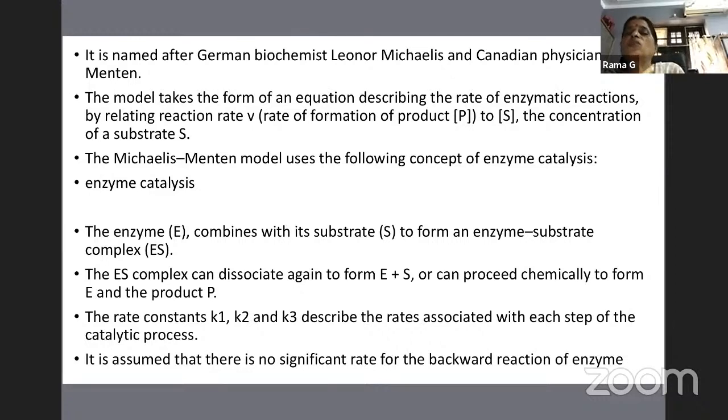Then the rate constants K1, K2, K3 describe the rates associated with each step of the catalytic process. During this process, the substrate molecules and the enzyme with active sites proceed to form an intermediate temporary state, that is the enzyme substrate complex, and meanwhile chemical changes take place, and those are indicated by K1, K2, K3.